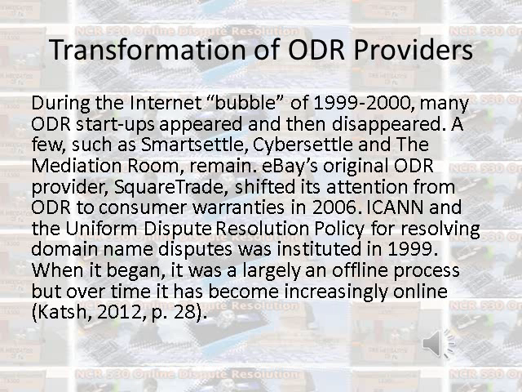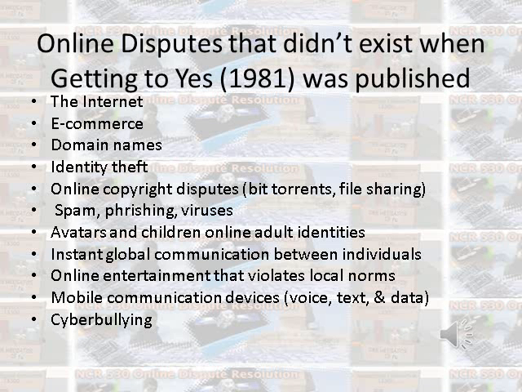ICANN and the Uniform Dispute Resolution Policy for resolving domain name disputes was instituted in 1999. When it began, it was largely an offline process, but over time it has become increasingly online. Face-to-face dispute resolution processes often are not appropriate to resolve these new types of disputes that have been generated by accelerated use of the internet."